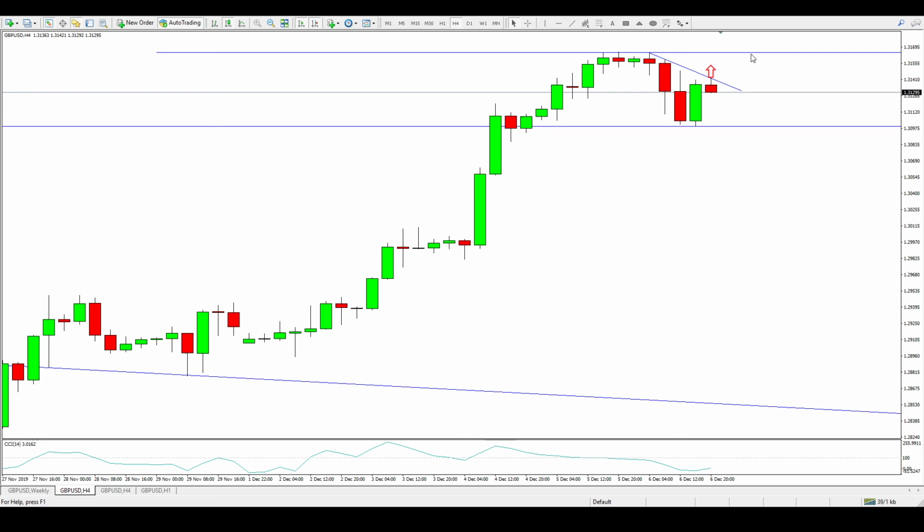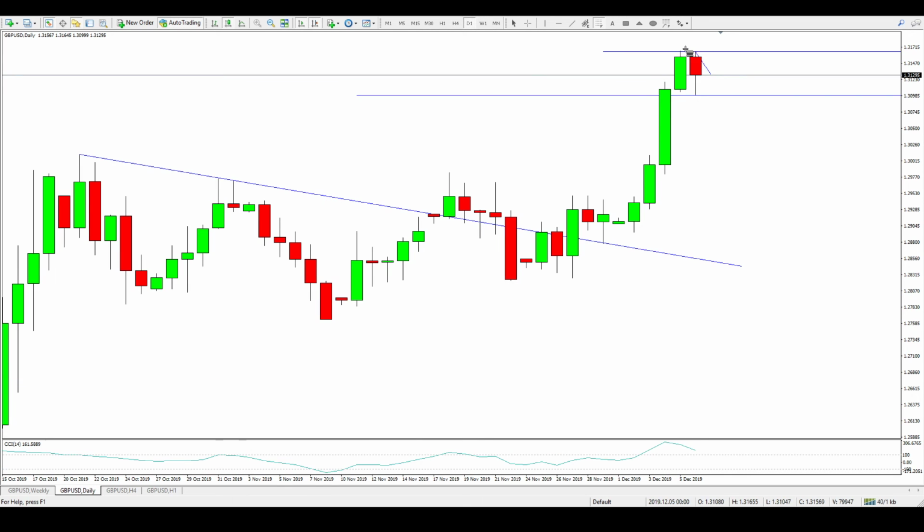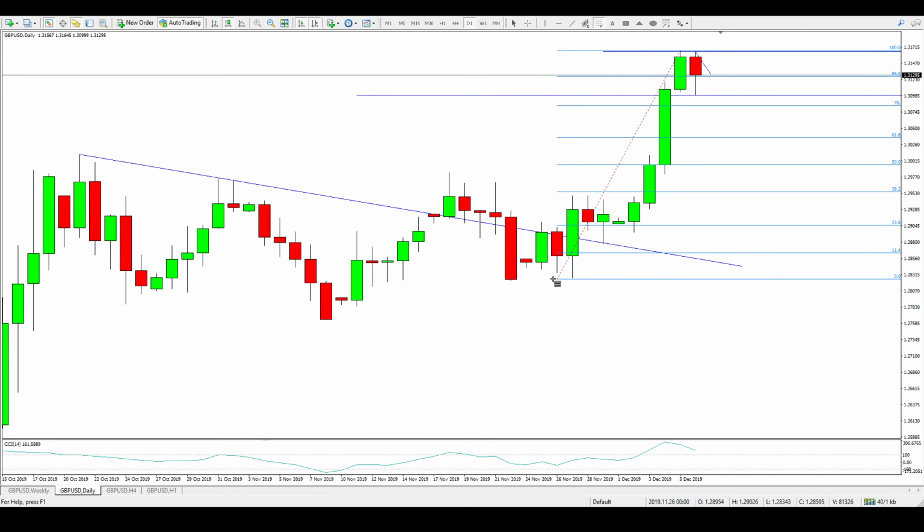My target will be high of Thursday, because I think this pair will retrace this week. I think this pair will retrace somewhere here.